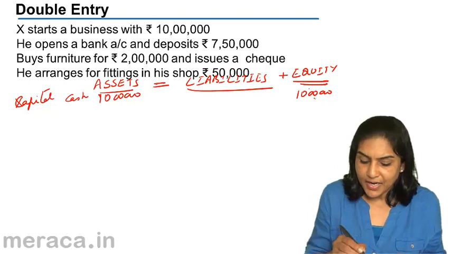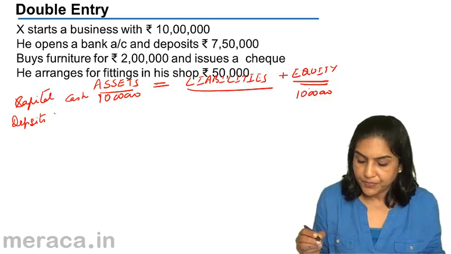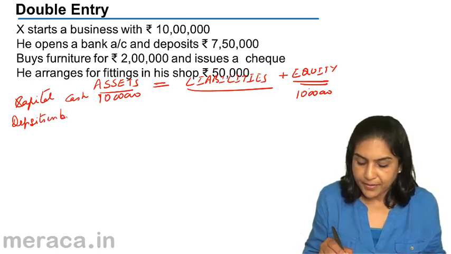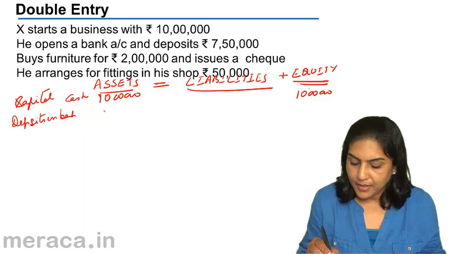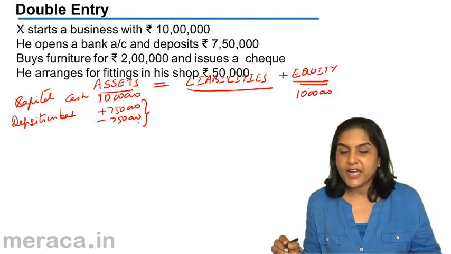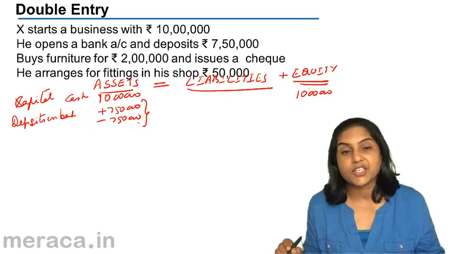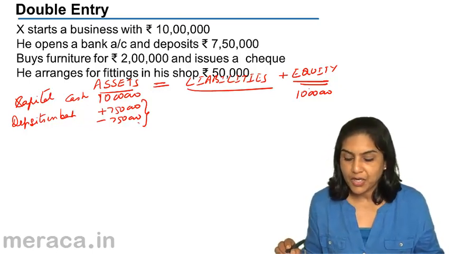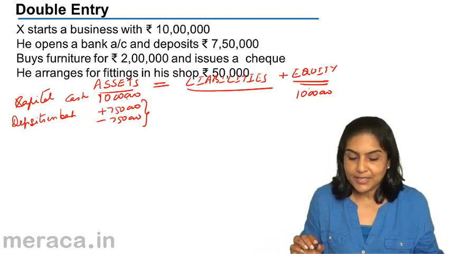So when he deposits cash, bank goes up by 7,50,000 and cash comes down by 7,50,000, and the equation stands.